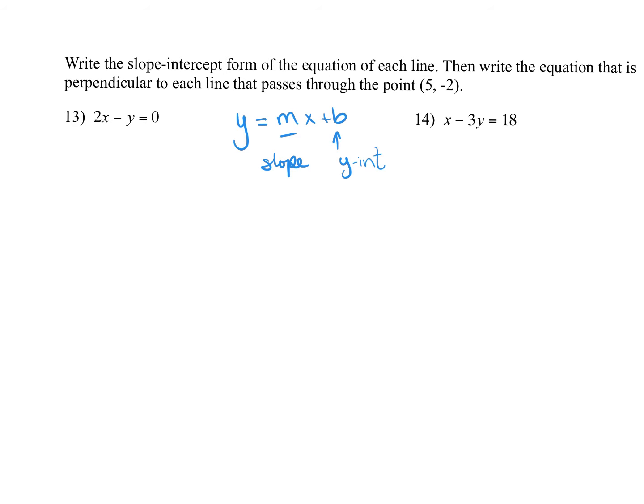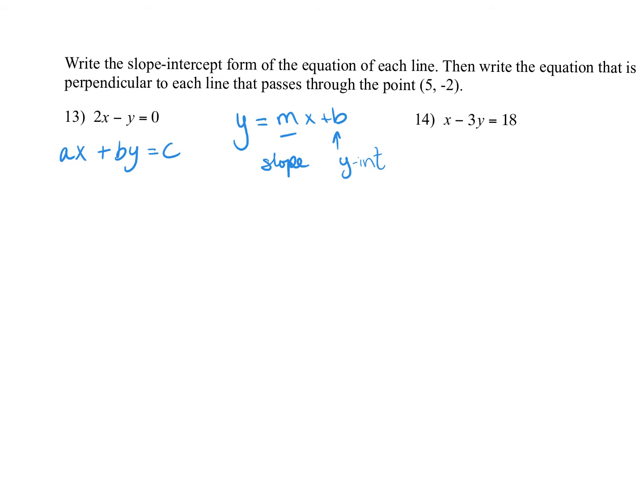Okay, but if you notice, standard form is not set up that way. Standard form looks like this. It's ax plus by equals c, where a, b, and c are just constants. They're just numbers. And looking at it this way, you don't necessarily know what the slope is.